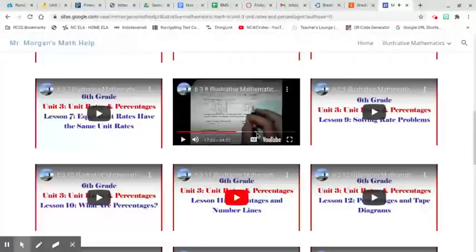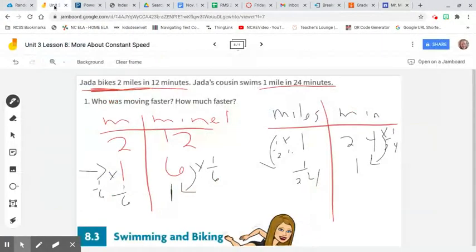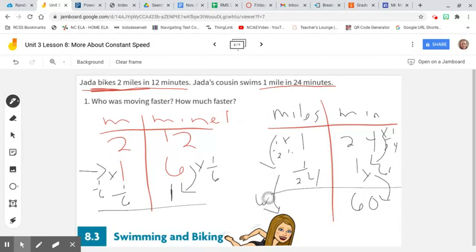Okay, so what he is showing you is that now after we do this section right here, because we need the minutes in 60, so now how do we go from 1 to 60? We multiply by 60, which means our 1 to 24, we multiply by 60, and we get 60/24.